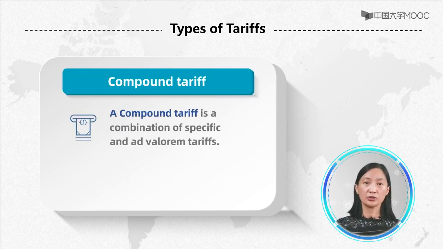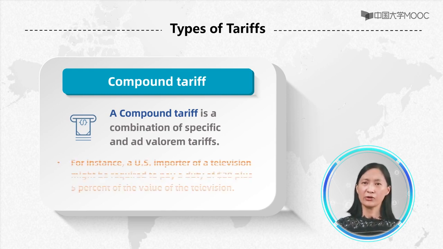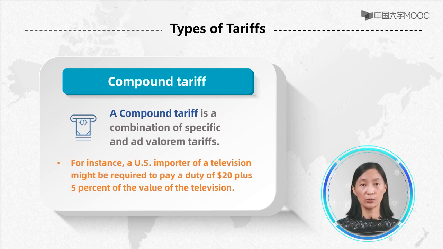A compound duty is a combination of specific and ad valorem tariffs. For instance, a U.S. importer of a television might be required to pay a duty of $20 plus 5% of the value of the television.